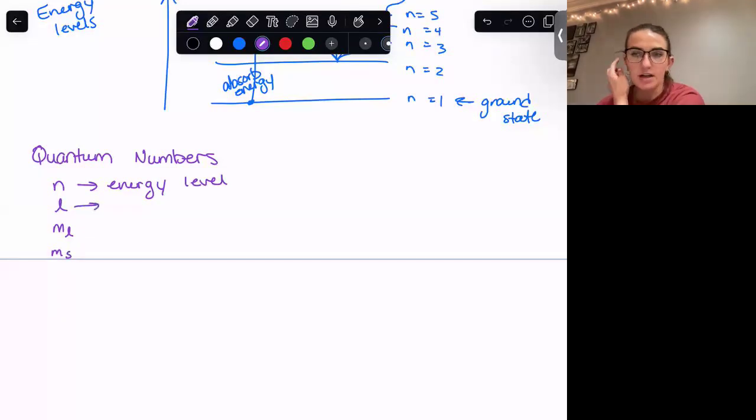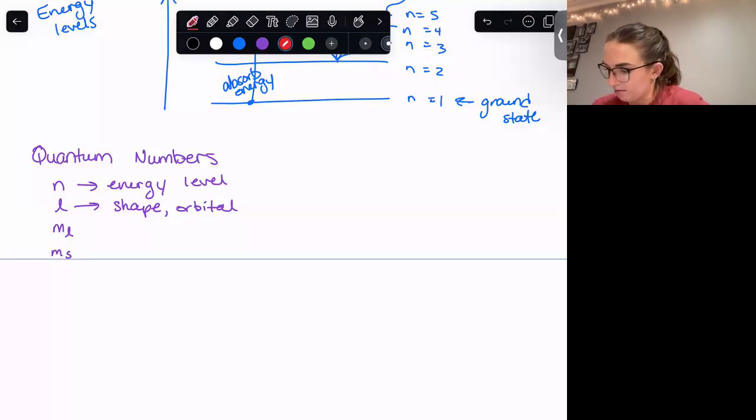What does l tell us? Good, that's the shape. What else do we call the shape? What's another name? Yep, it's going to be your orbital type.